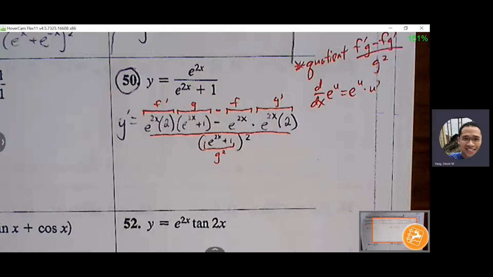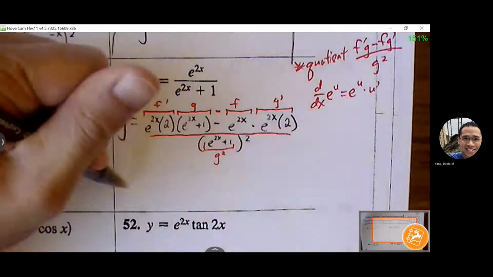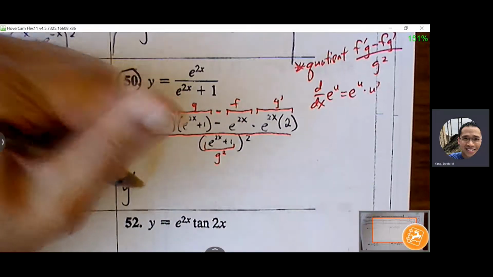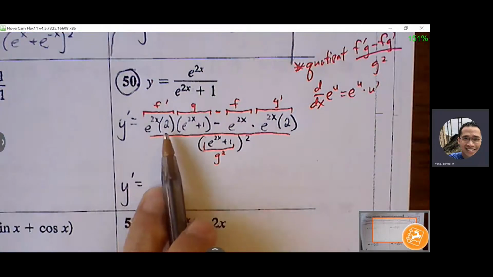Okay, we have our derivative. I'm just going to see if I can clean up the numerator a little bit. Hopefully some like terms will make it look a little bit more presentable. I'll distribute this through.